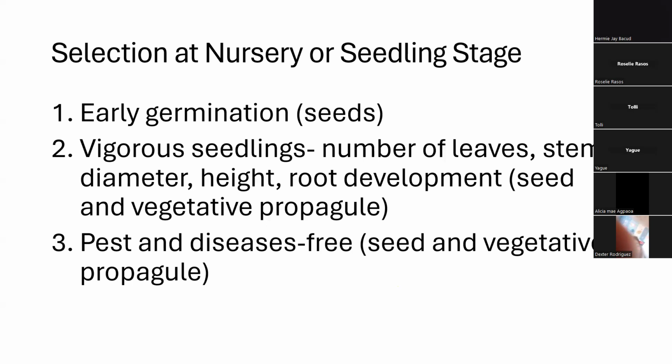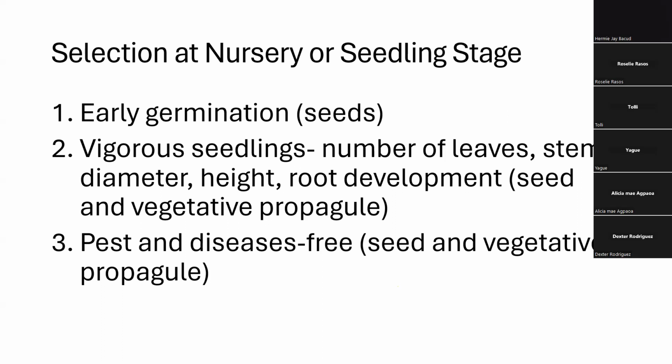So there are different ways for us to measure the germination percentage of our seeds, gaya ng mga petri dish method, ragdoll method, etc. Then of course, para mapadali or mapabilis yung germination ng ating seeds, there are also methods that we perform, gaya ng mga scarification, stratification, and etc.